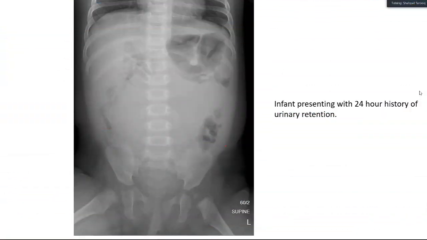This is an abdominal and pelvis radiograph of a skeletally immature patient, showing a large soft tissue haze in the mid-lower abdomen.